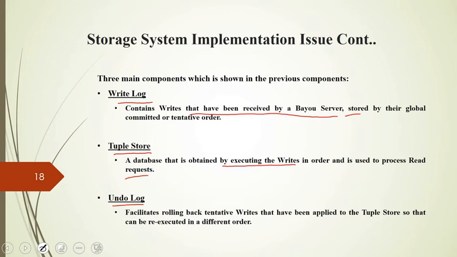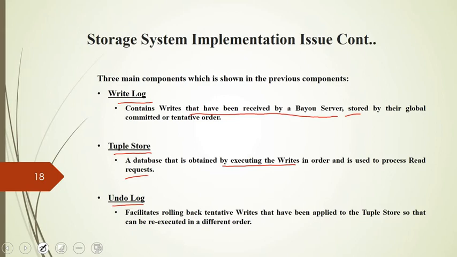So let us consider the undo log. The undo log facilitates the rollback of the tentative writes that have been applied to the tuple store so that they can be re-executed in a different order, such as when a newly received write gets inserted into the middle of the write log, or when an existing write gets reordered through the commit process.